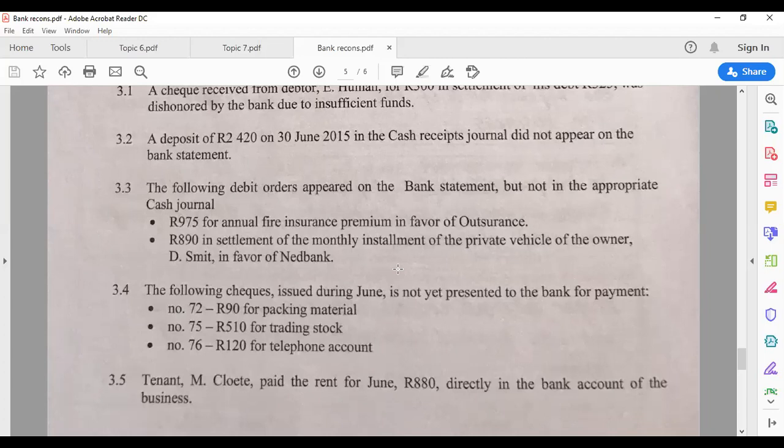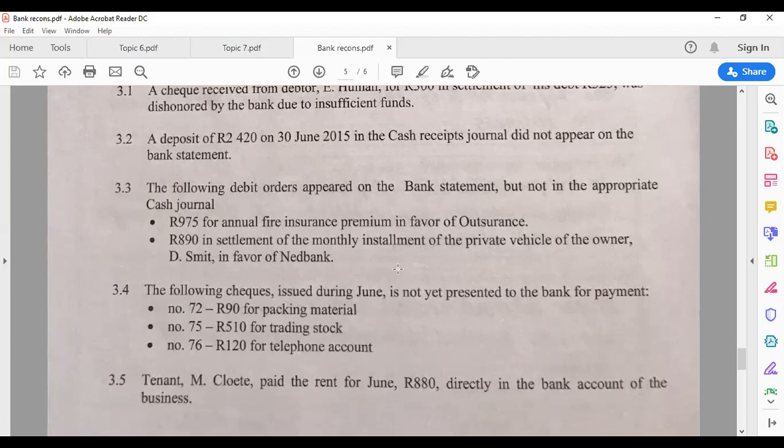And the bank account in the general ledger. So there we have our annual fire insurance premium that we pay to OUTsurance. We have an 890 settlement for the installment of a private vehicle. Okay, so maybe it's like a tracker or something, but it's a private vehicle of the owner, so that's important.